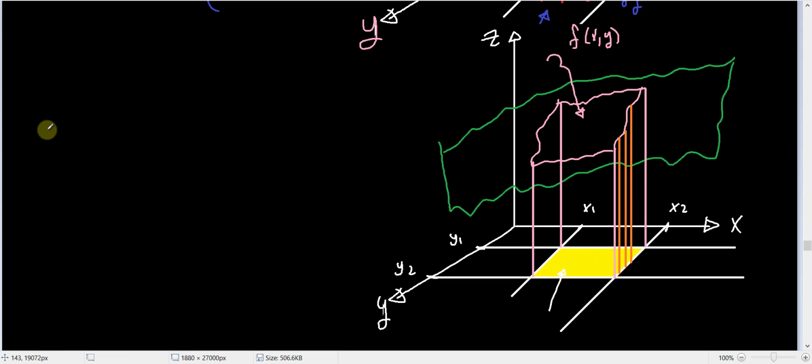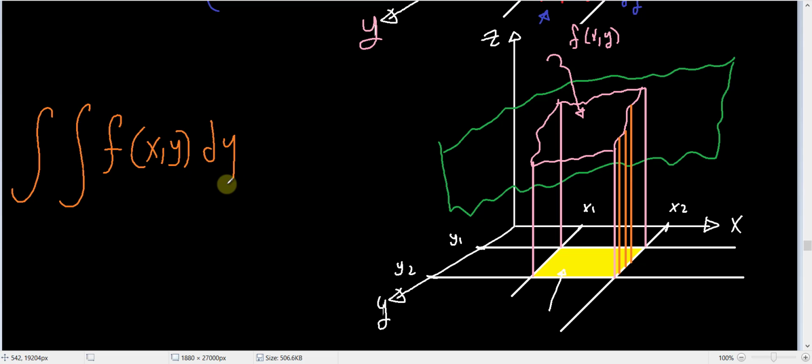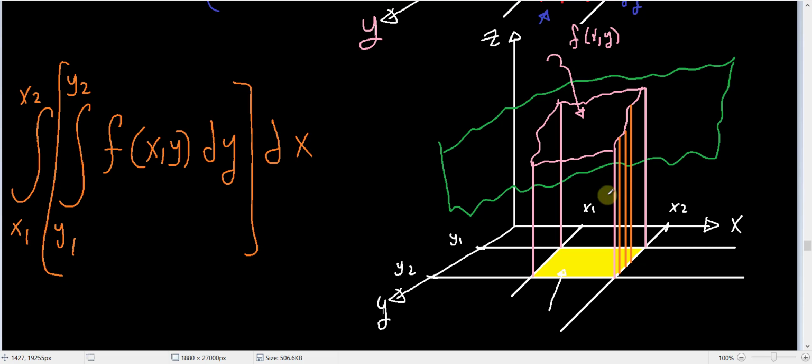So I could have changed the integration to be the integration of the same function f of x and y, but I could perform the integration in the y direction first and then in the x direction. So here I can integrate from y1 to y2 first, then from x1 to x2. So by this, I evaluate this first, getting the areas of all the slices at different values for x.